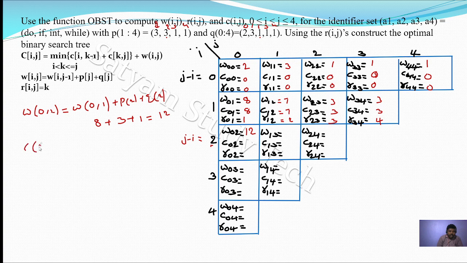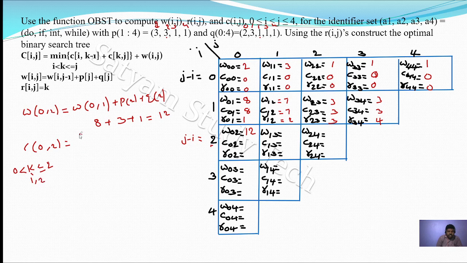Like you have to calculate c of 0 2. Here the k value is 1 and 2, because 0 less than k less than or equal to j, and that j value is 2, so that's why k value is 1 comma 2.